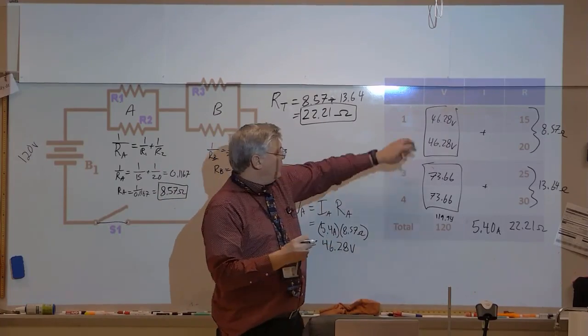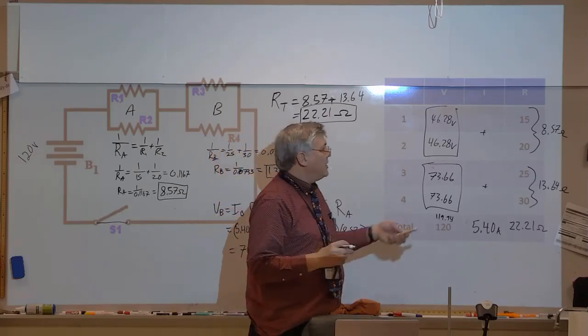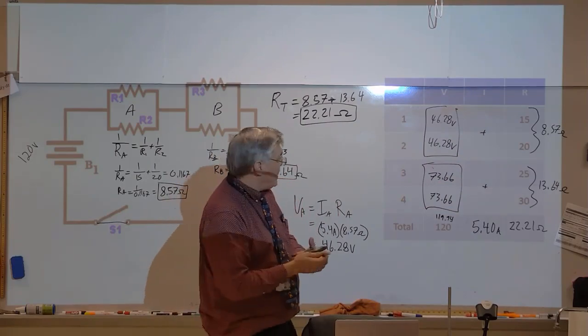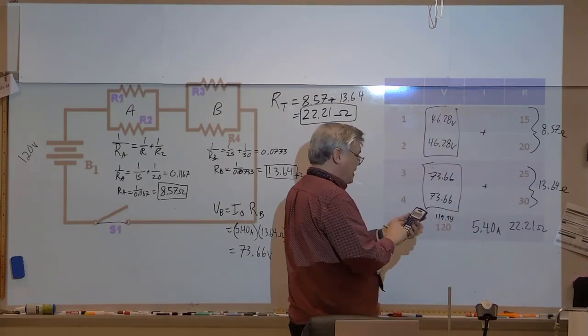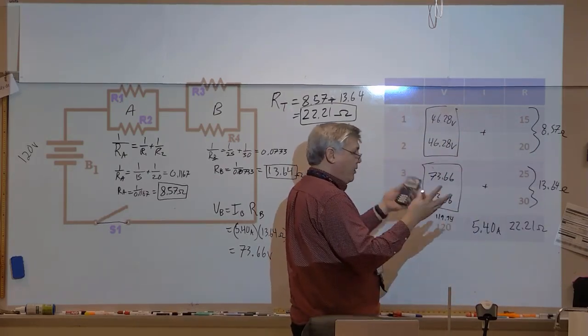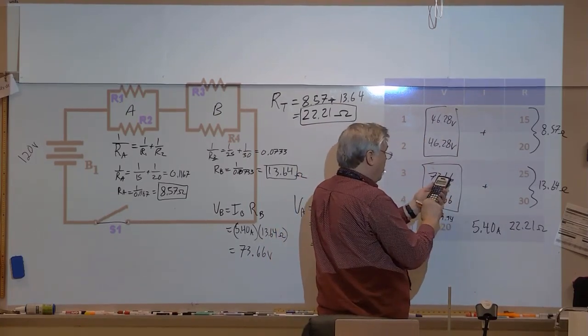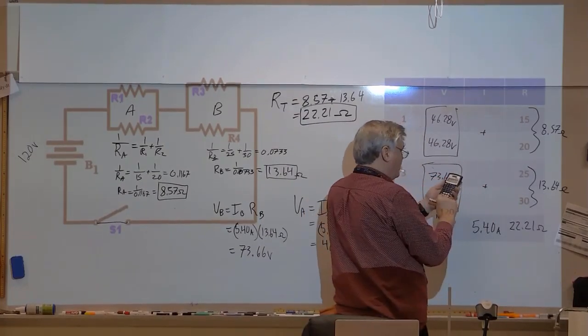So I know that the voltage at 1 and 2 are the same, and at 3 and 4 are the same. The last thing I need are the final currents here. And these currents are pretty straightforward. Now that I know the voltage and I have the original resistance, I can solve each one separately as if it was just a resistor all by itself. So I have 46.28 volts divided by 15 ohms.